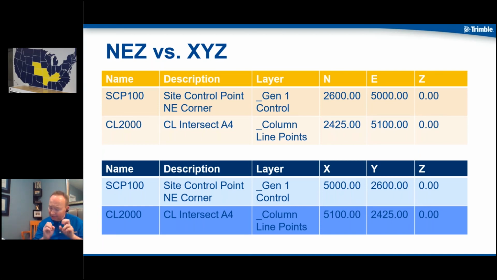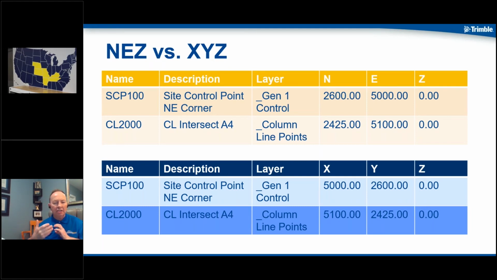Not a big significant difference there, except to say that, as you can see on this slide right here, we're demonstrating that NEZ, we've got an N there of 2600 for instance, and how that corresponds to XYZ. If you'll notice the Y value there, you've got 2600. So N corresponds to Y, and E consequently corresponds to X. The Z doesn't change.